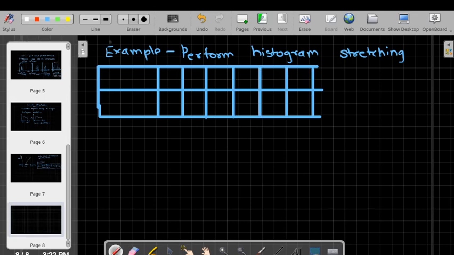Here it is gray level and number of pixels.